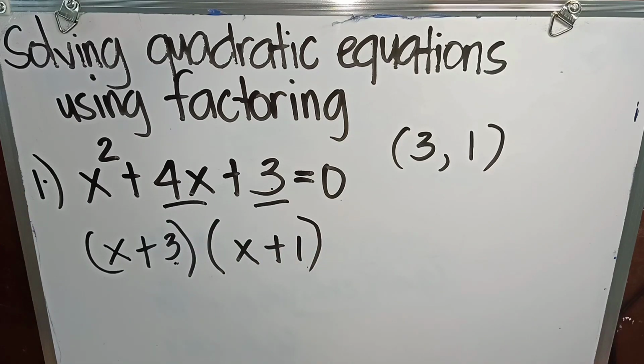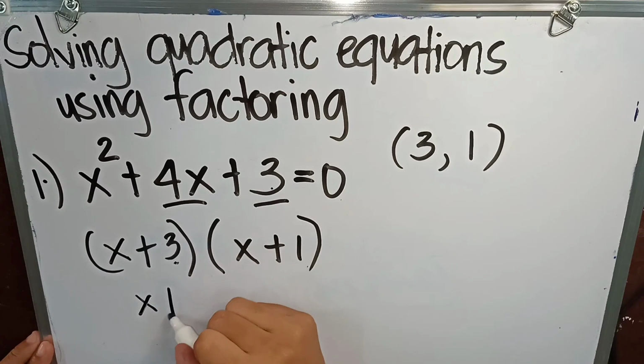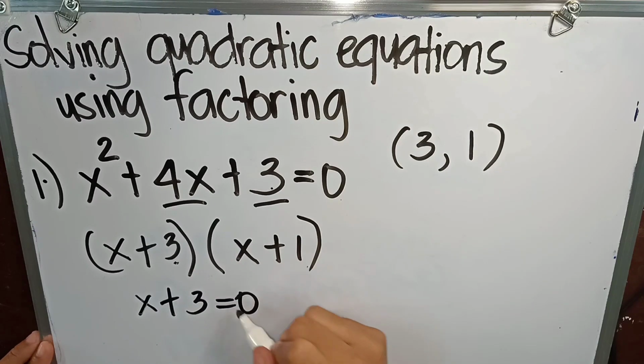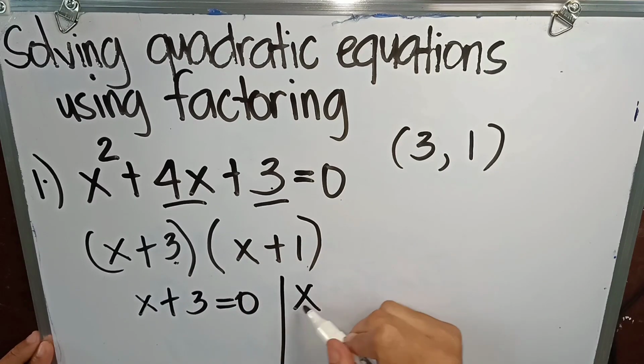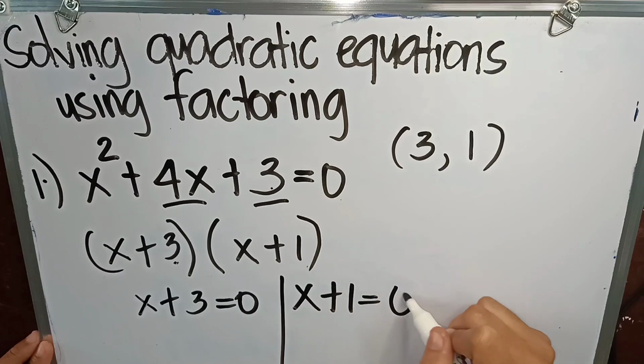So our answer is correct. Next, since we have a factored form of x plus 3 and x plus 1, we need to equate each factor to 0. How? x plus 3 equals 0 and x plus 1 equals 0.